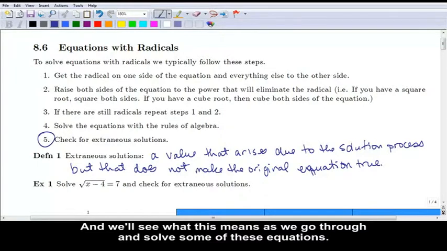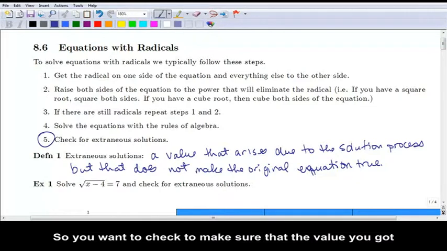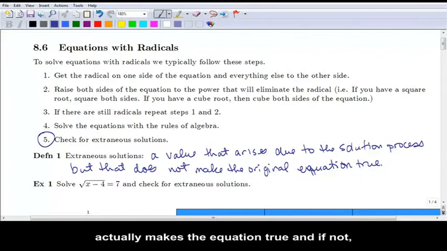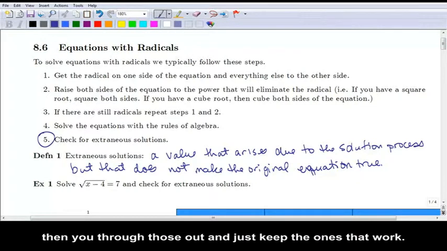And we'll see what this means as we go through and solve some of these equations. So you want to check to make sure that the values you got actually make the equation true. And if not, then you throw those out and just keep the ones that work.